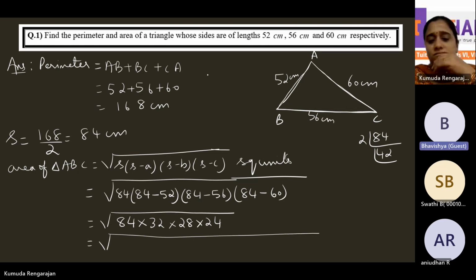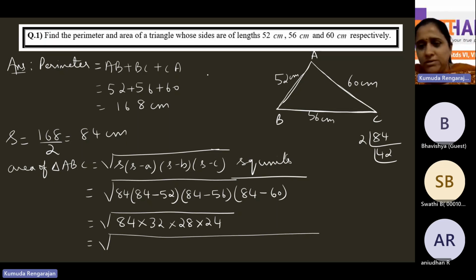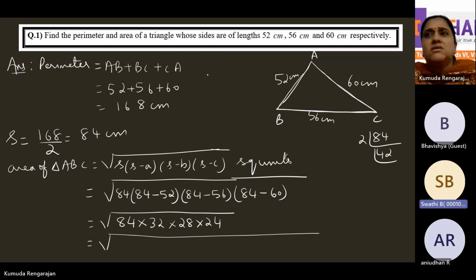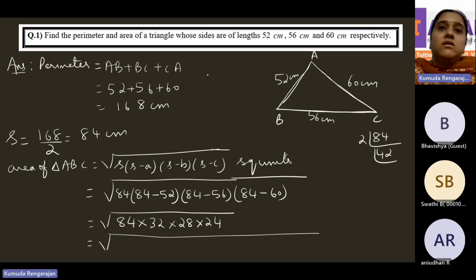Ma'am, 672. Why am I getting a different answer? I have a different answer with me. Then I'm wrong maybe in my calculation. Let me see. I'm working now.